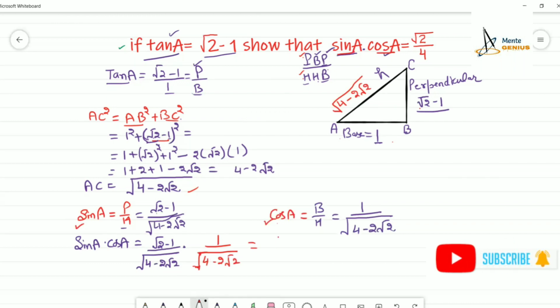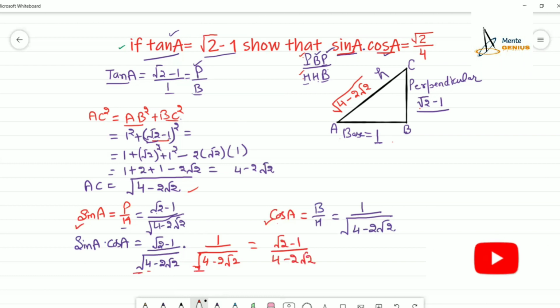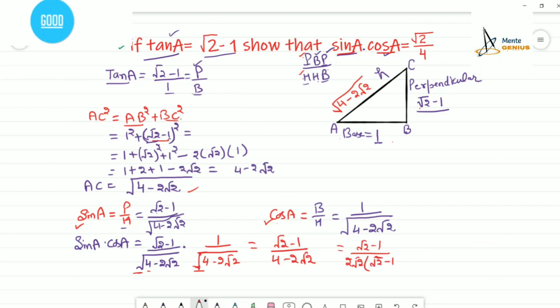which will give me the value of root 2 minus 1, and here the square root will be cancelled out. 4 minus 2 root 2. Now let us take common. I am taking common 2 root 2 here, and root 2 will be remaining here, and 1.